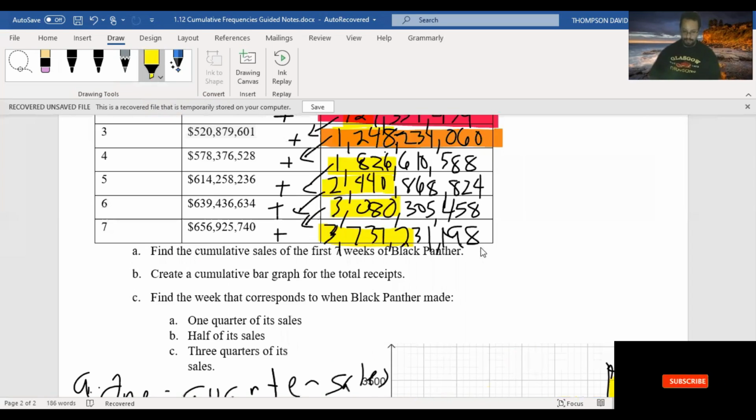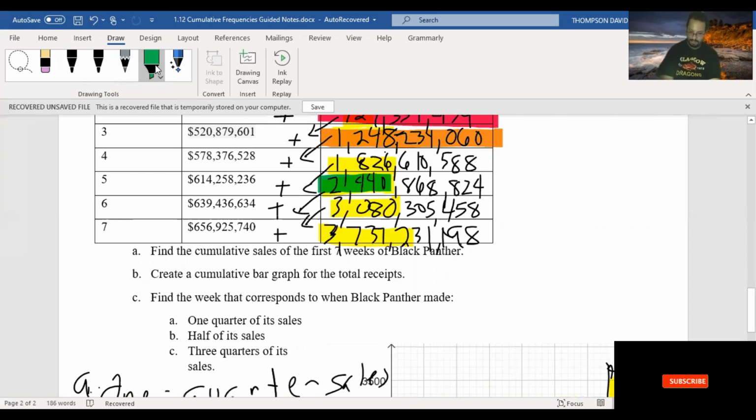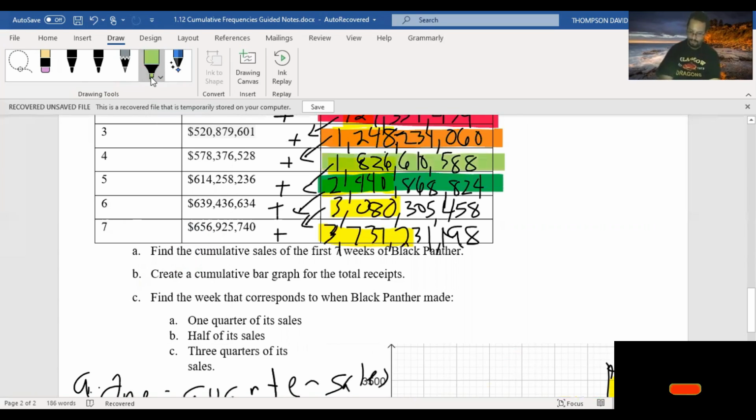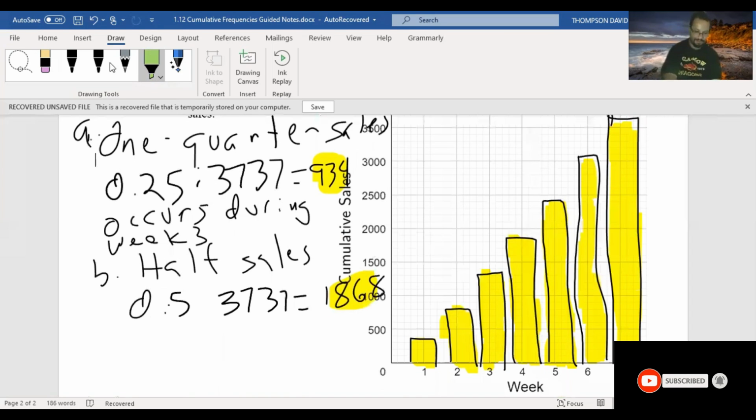So 1,868, let's just switch to green now. So 2,440 million will occur during week 5. 1,826 million occurs during week 4. So that's at the end of week 4, the movie made 1,826 million. So we have to go to week 5. So half the sales occur by the end of week 5.